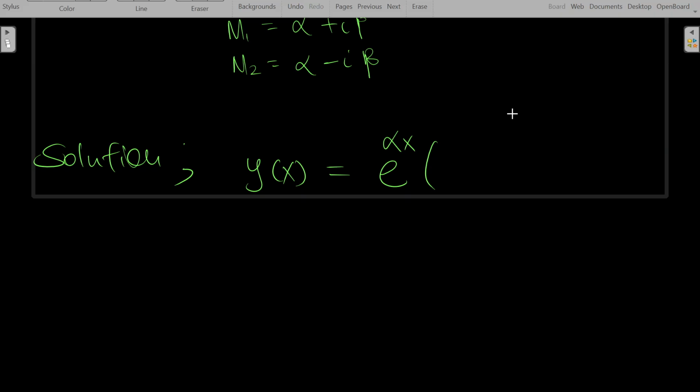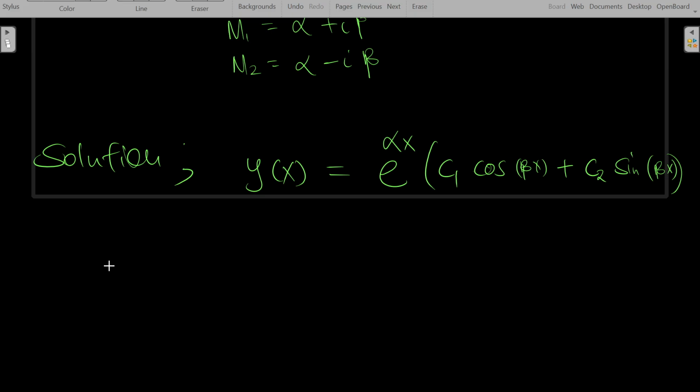So we'll write e raised to alpha x into c1 cosine of beta x, plus c2 sine of beta x.